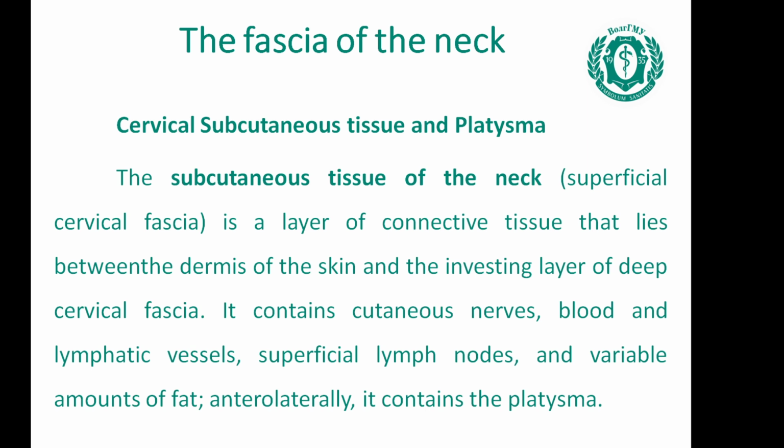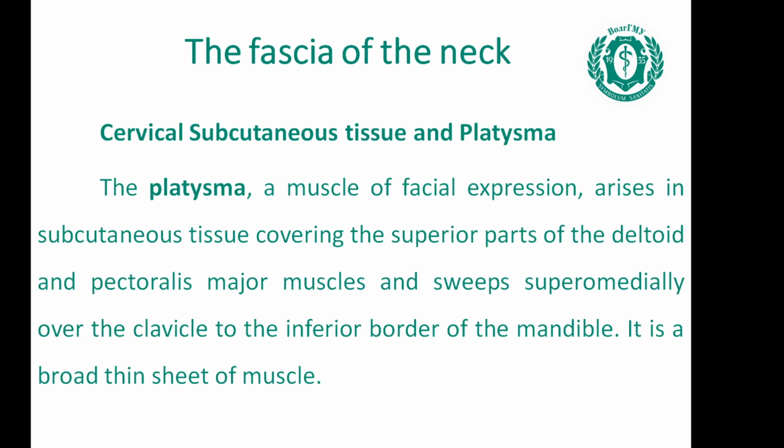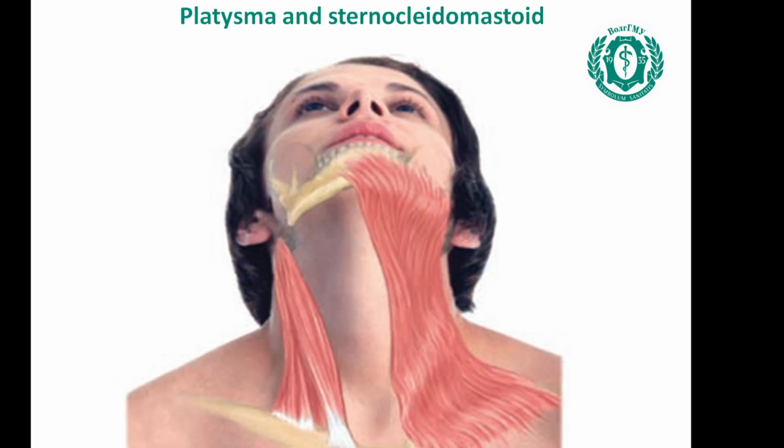Anterolaterally, it contains the platysma. The platysma, a muscle of facial expression, arises in subcutaneous tissue covering the superior part of the deltoid and pectoralis major muscles and sweeps superomedially over the clavicle to the inferior body of the mandible. It is a broad, thin sheet of muscle.